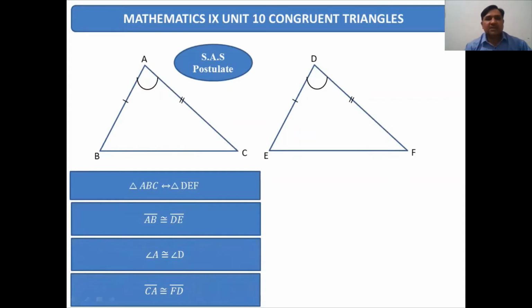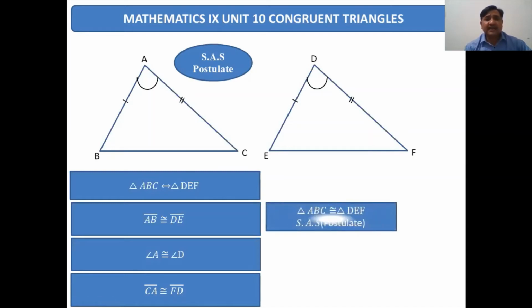So first is side, then angle, and then side. So this is in sequence. So that's why we say that this is side angle side postulate. Side angle side postulate means this side is congruent with this side, this angle is congruent with this angle, and this side is congruent with this side. So we use here side angle side postulate.